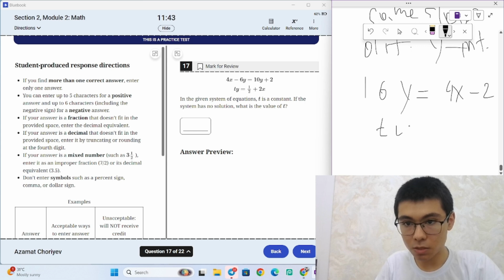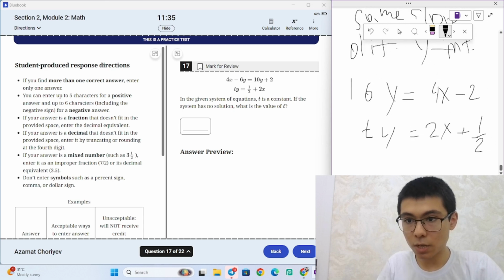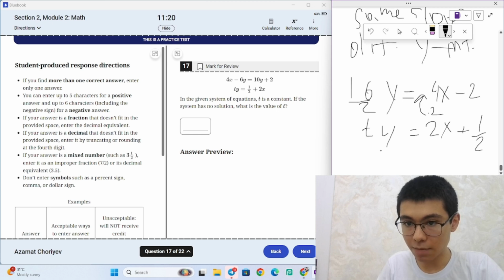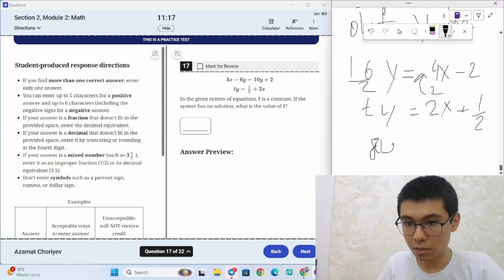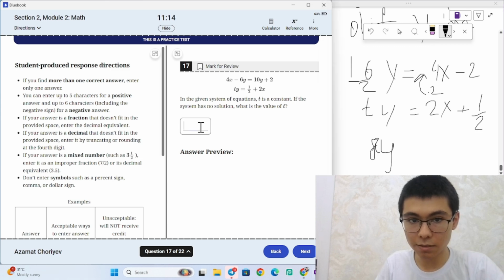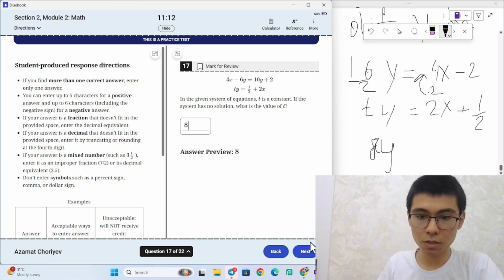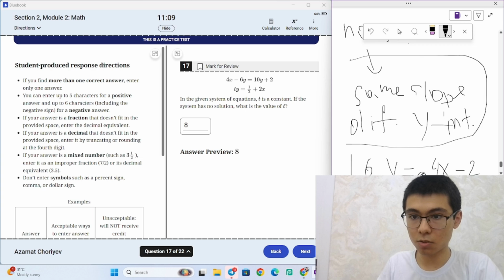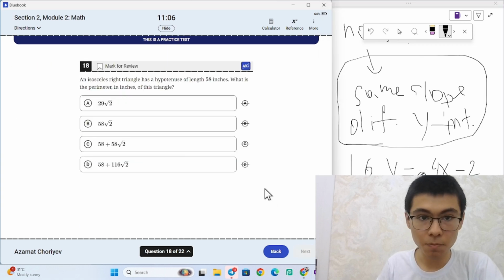This one is going to equal ty equals 2x plus 1.2. You don't care about the y-intercept because they can be different; what you care about is the slope. So if this one is multiplied by 2, we have to divide this one by 2, so we get 8y. So t equals 8. That's easy, I hope. You just have to know this: when there are no solutions, you have to have the same slope, different y-intercept.